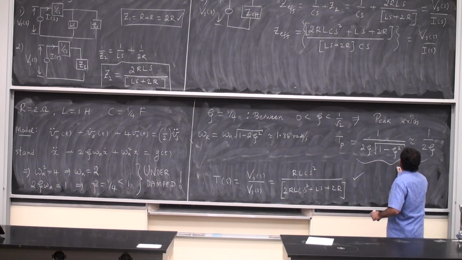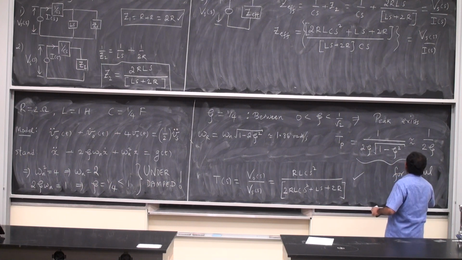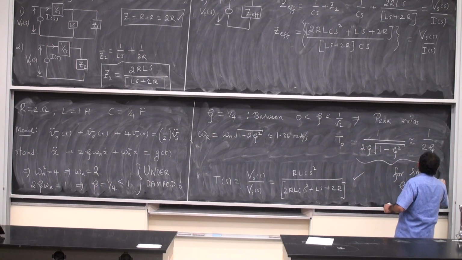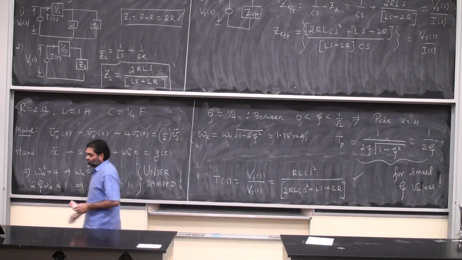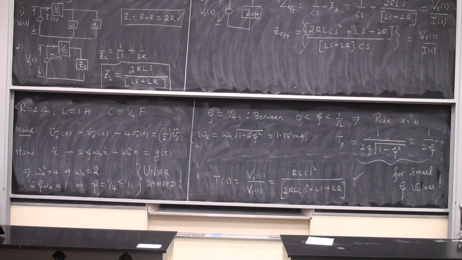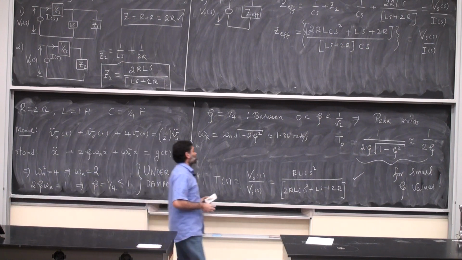This is for small zeta. And what is small? That depends on who you are. But if you're a mechanical engineer, small is between 0 and 0.5, typically. So we will employ this approximation.